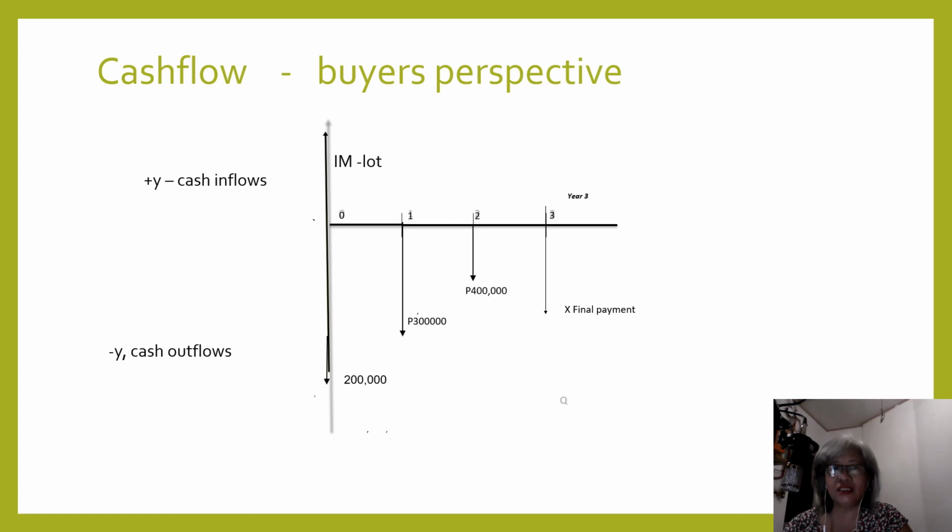In exchange, the seller will receive a down payment of 200,000 from the buyer, another 300,000 after 1 year, 400,000 after 2 years, and a final payment at the end of 3 years. You could see that all the payments of the buyer are in the negative y-axis because they are cash outflows.